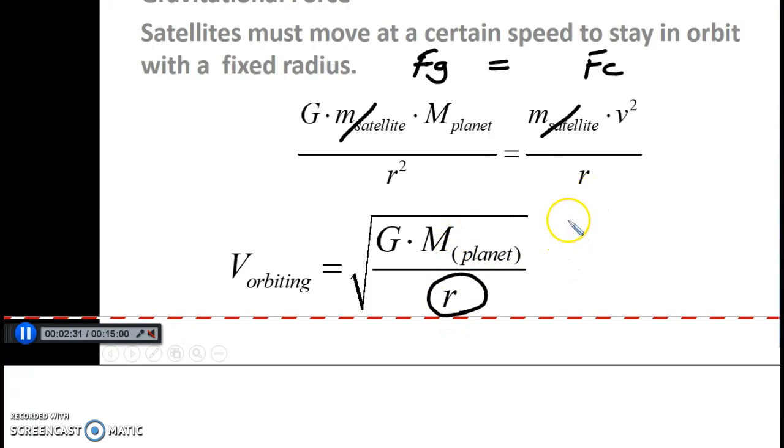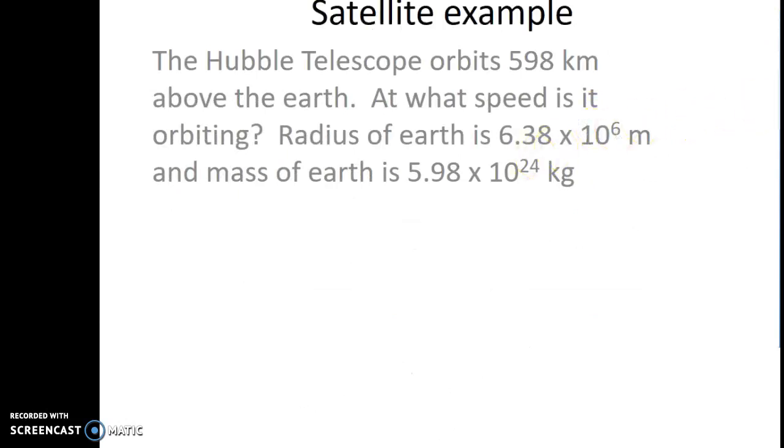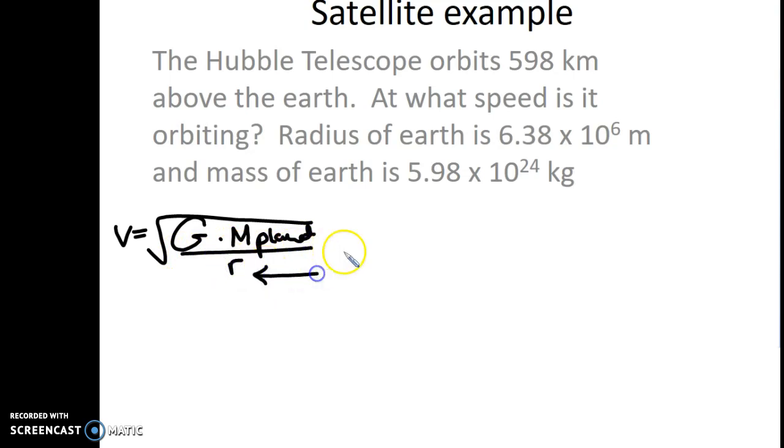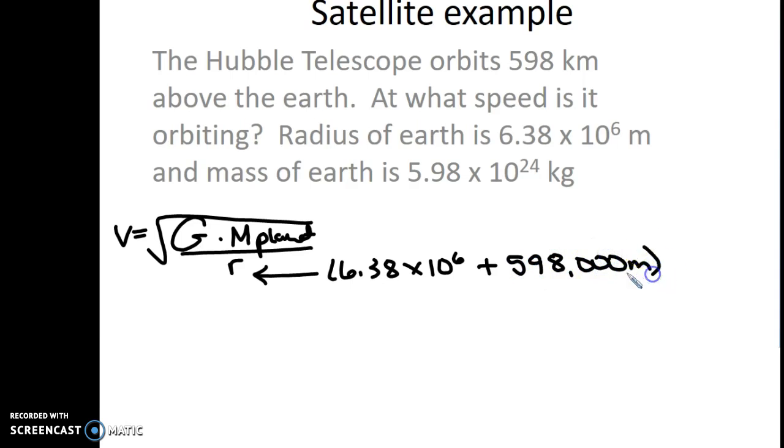So when we calculate this, I think the next one is the Hubble telescope. I hope that is. Yep. When we calculate this, the velocity is going to equal the square root of G times the mass of the planet over R. But also realize that R is going to be 6.38 times 10 to the 6th plus 598,000 meters, because that's in meters.